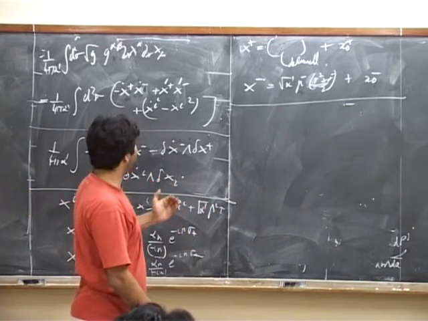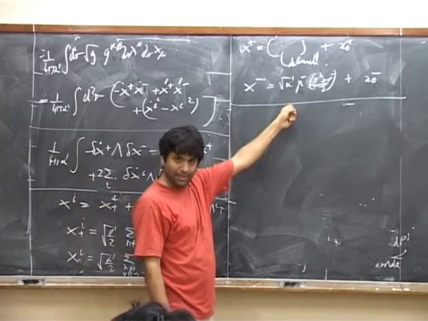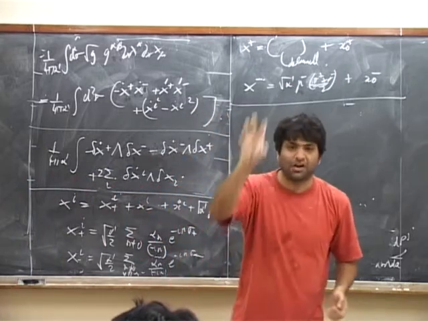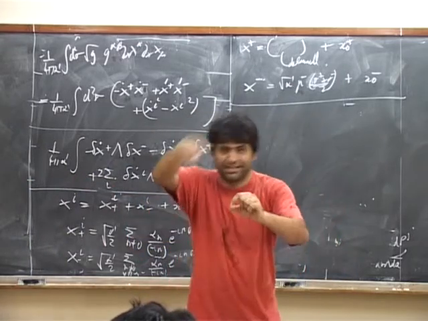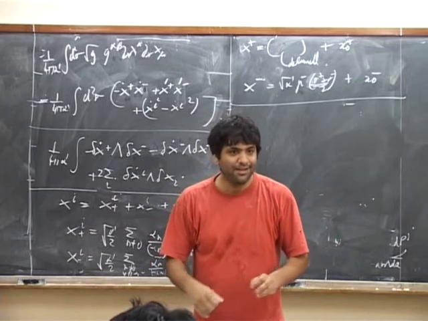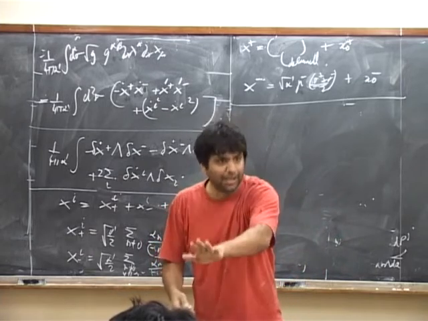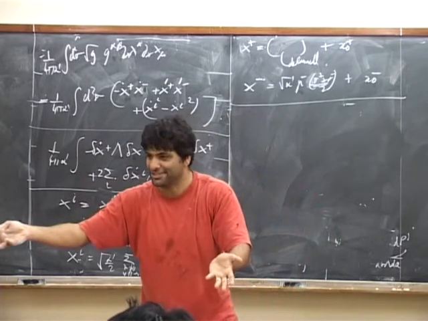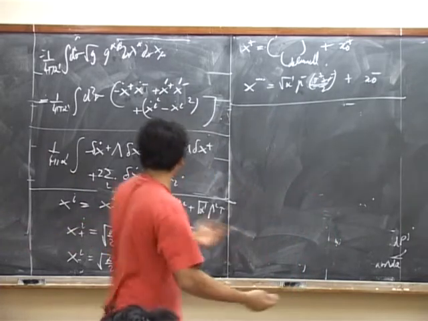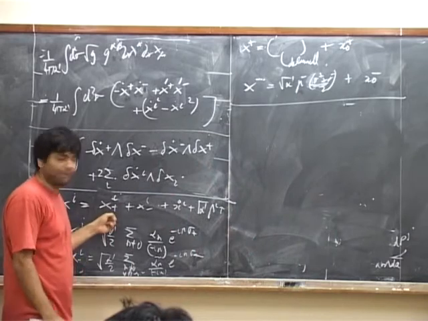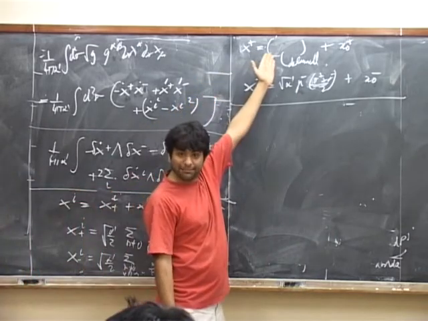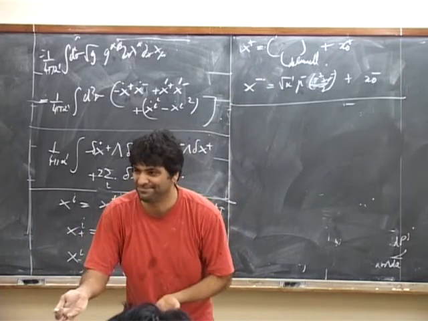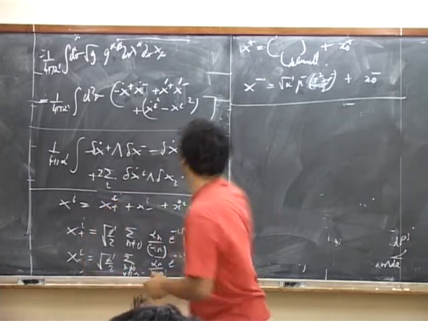That immediately tells you that, using the fact that if you've got a constant function and you integrate it over from 0 to 2 pi, a constant function multiplying another function, the only part of that function that's picked out is the 0 mode of that other function. You see that the only part of x plus that enters the symplectic form is the 0 modes of x plus. Can you see that? Right.